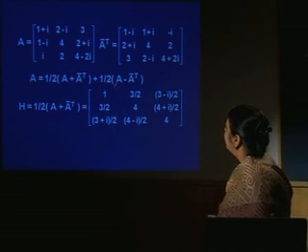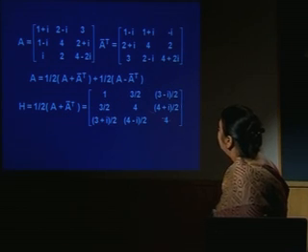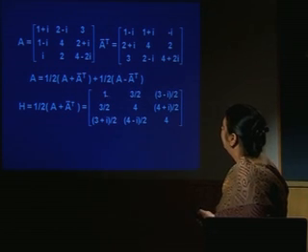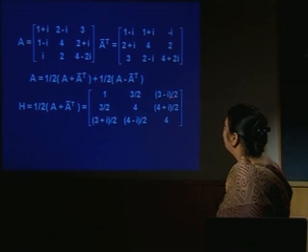Now, you may notice that this matrix is symmetric and these are conjugates. This and this are the same. 3 plus I by 2 is here 3 minus I by 2. I have taken the conjugate and then transpose. Then 4 minus I by 2, here I have 4 plus I by 2. So, this matrix is Hermitian.